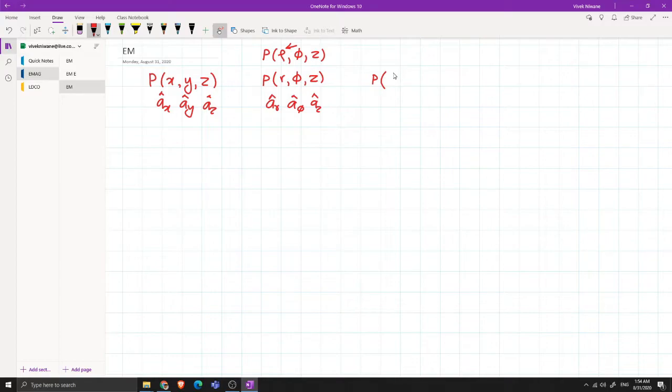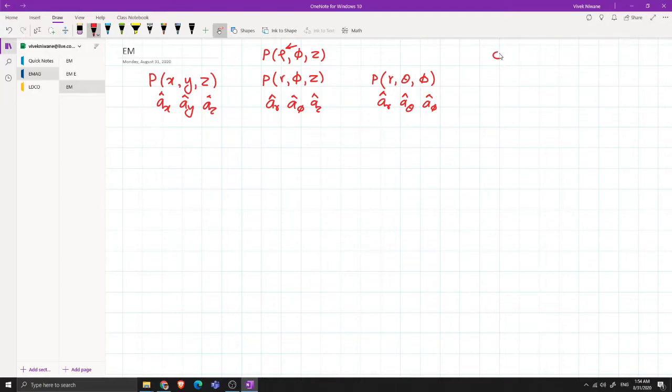Then in the spherical coordinate system the point P is represented as (r, theta, phi), where we have the unit vector components a_r cap, a_theta cap, and a_phi cap.